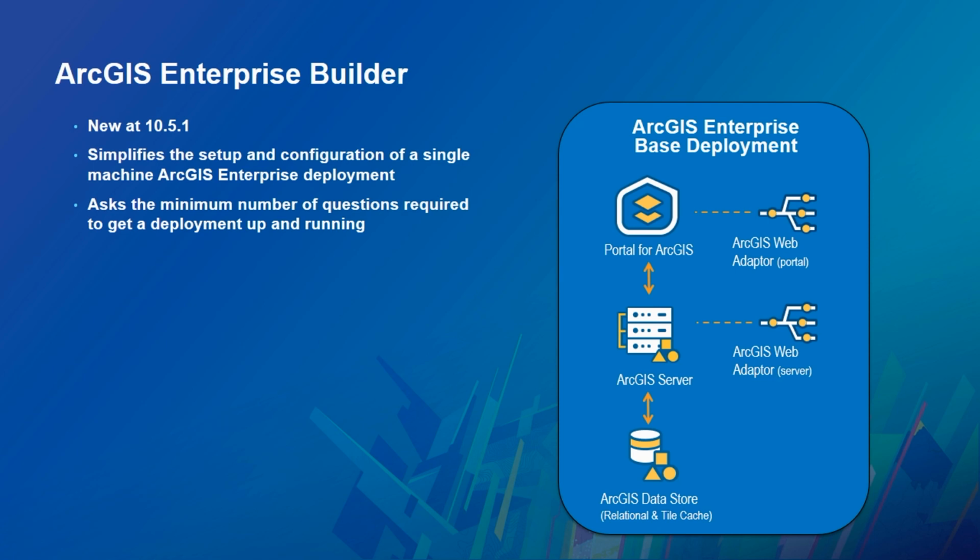So new at 10.5.1, we've introduced the ArcGIS Enterprise Builder, which is designed to simplify the process of deploying a base ArcGIS Enterprise deployment by asking the minimum number of questions required to get you up and running. There are some prerequisites that have to be met. You have to have HTTP and HTTPS bindings within your web server, at least 30 gigabytes of disk space, and sufficient resources to run all the components on a single machine.